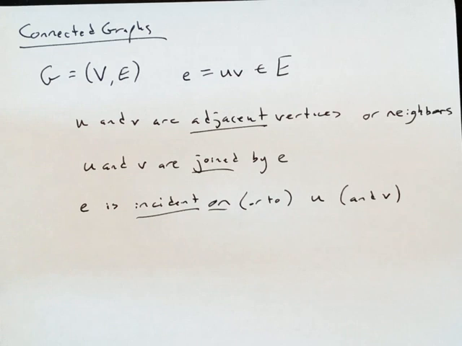If I have two edges that both connect to the same vertex, those are adjacent edges.